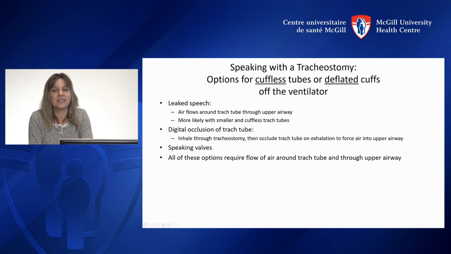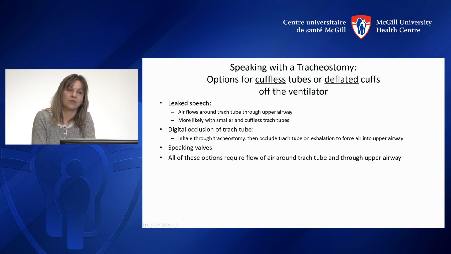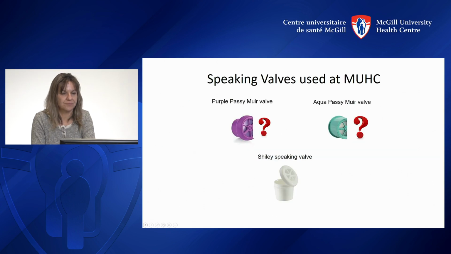But all of these require some airflow around the tracheostomy tube. There has to be enough room around the tube, and we have to consider that some of these tubes have the cuff deflated, which creates extra bulkiness around the tube, but there still has to be enough room in the trachea for air to flow around to the upper airway.